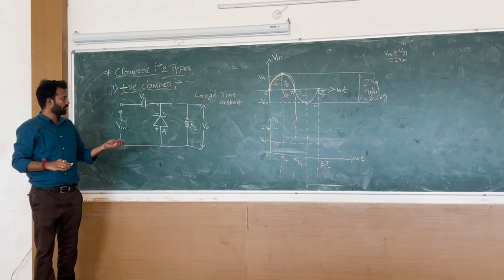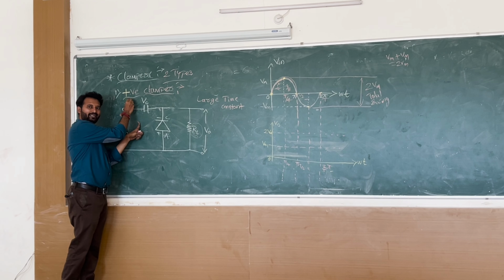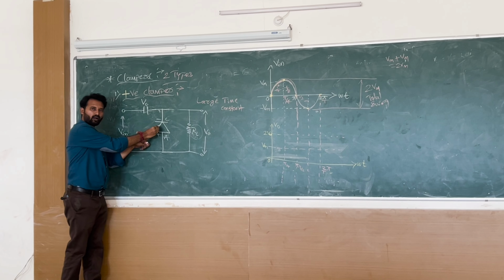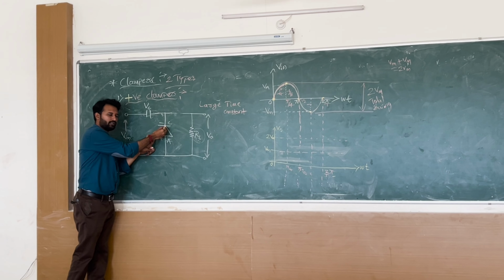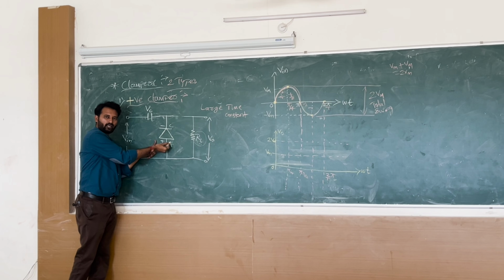Understandable? Now, how will you draw the diagram? As I said, if your heading is positive clamper, you should draw the diagram with the negative end of the diode, or cathode end of the diode.